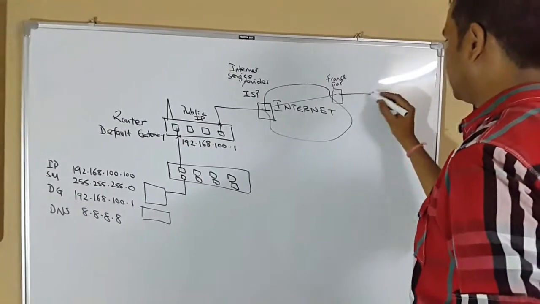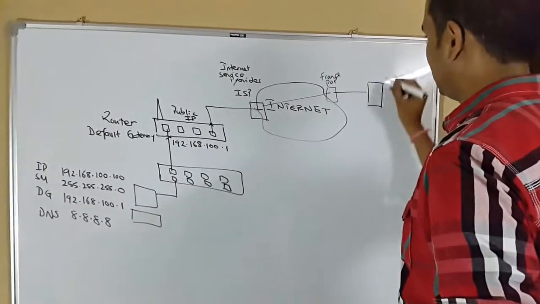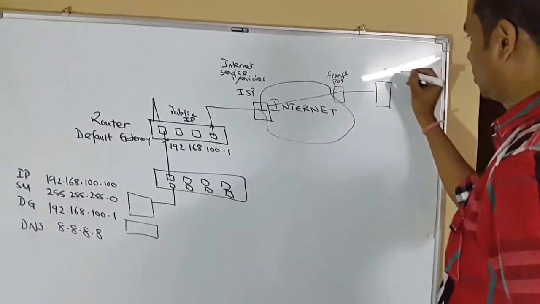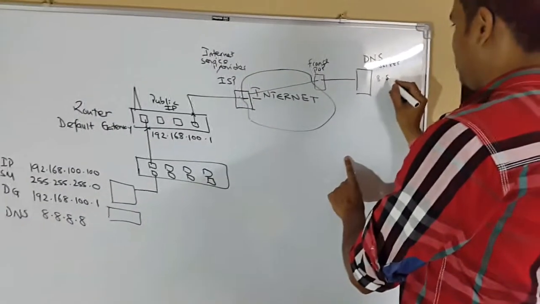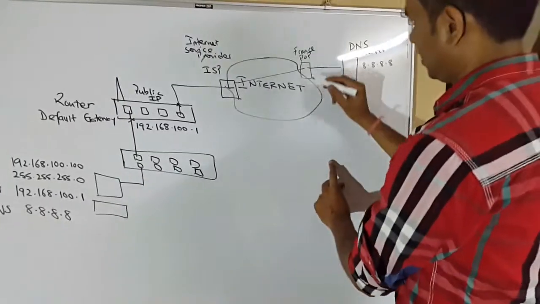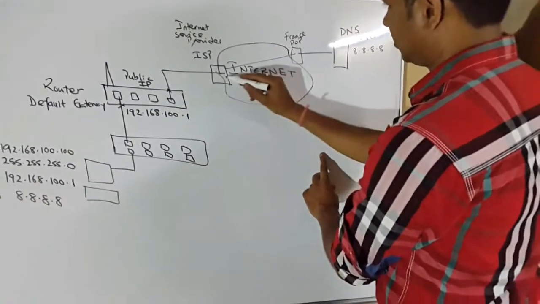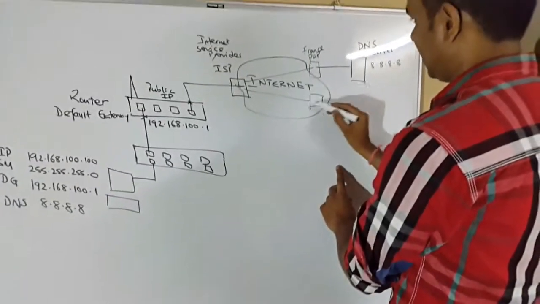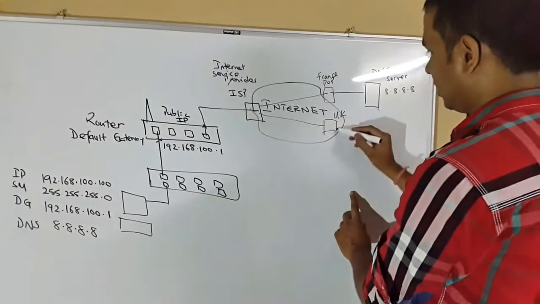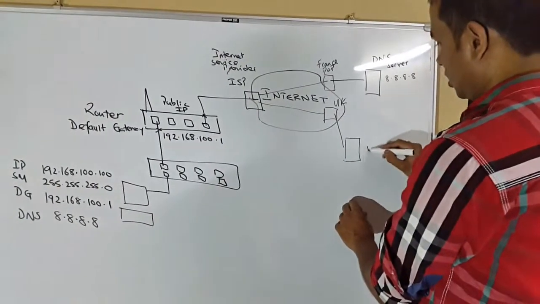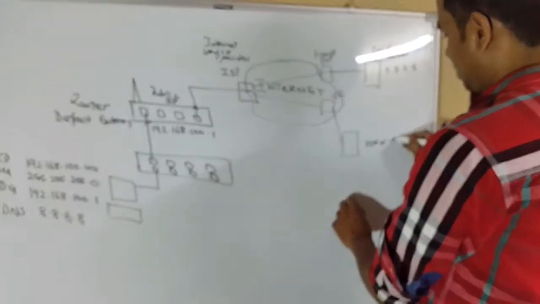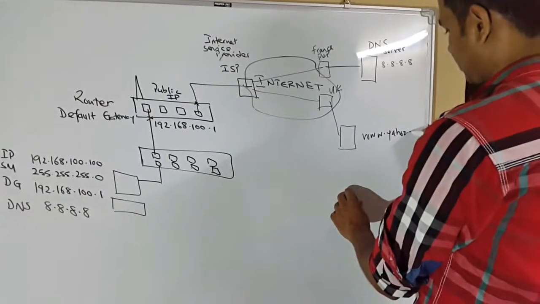From France, for example, there is the famous DNS server, 8.8.8.8. Now from France, for example, here I am in UK, it's connected via another link in UK. Here I have a website, www.yahoo.com.